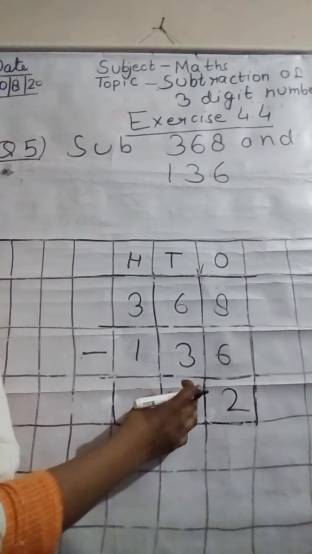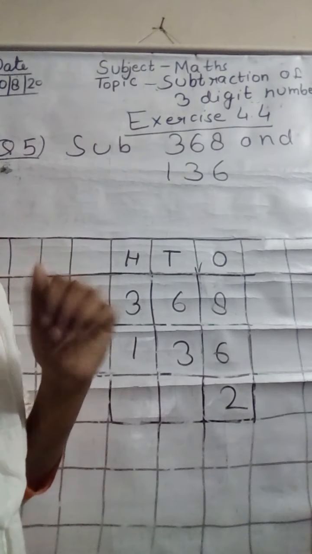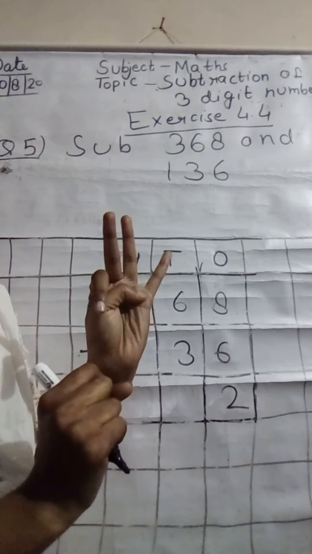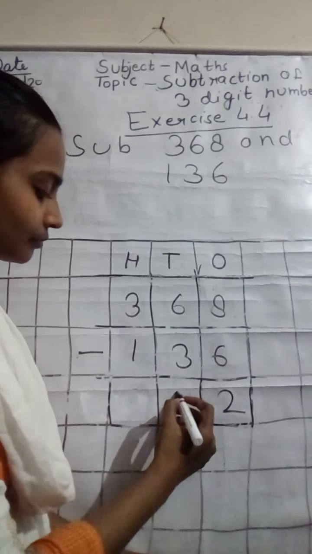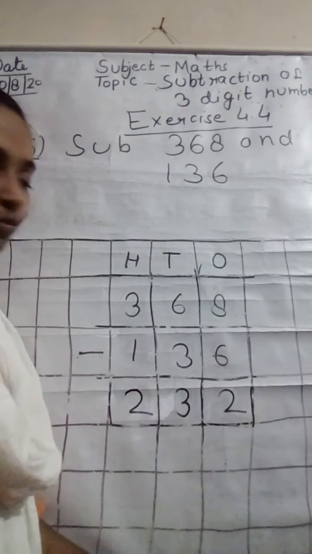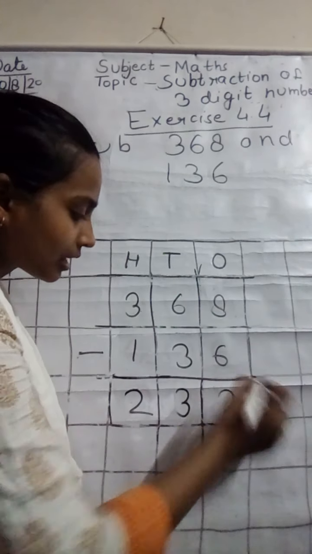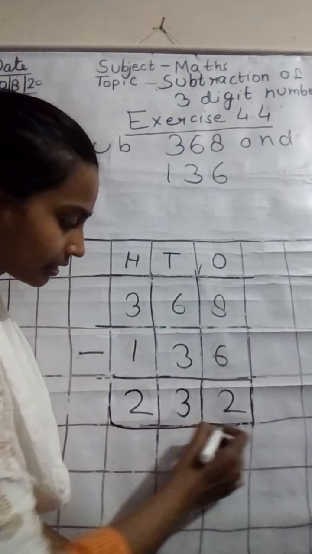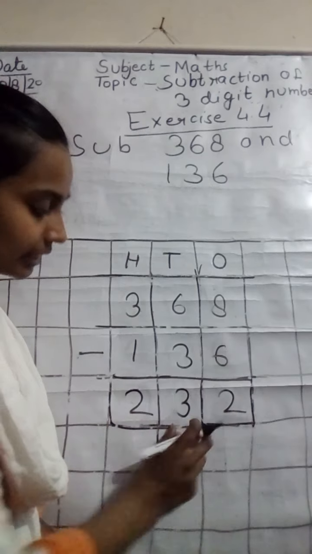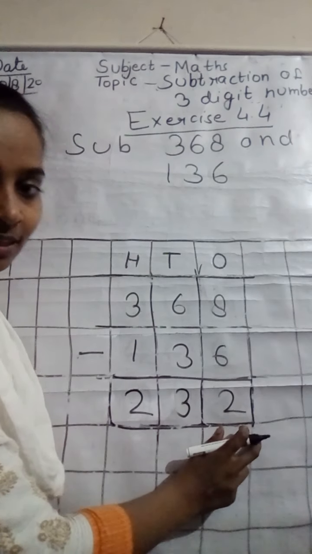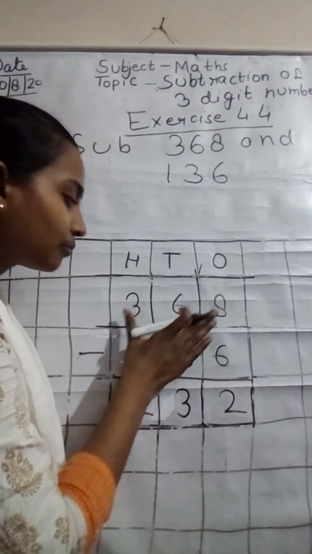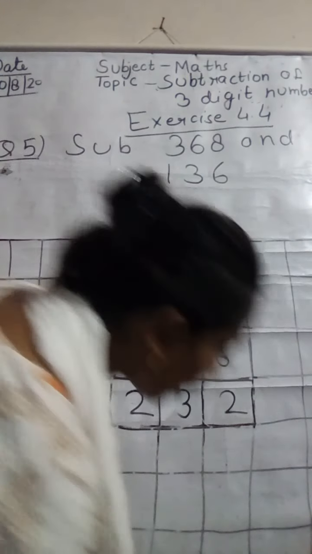Now 6 minus 3, tell me children. 6, minus 3, how many fingers are left? 3 fingers. 3 minus 1, tell me orally. 2. So children, what is the difference? 232, right? 232 is the difference if we subtract 136 from 368.